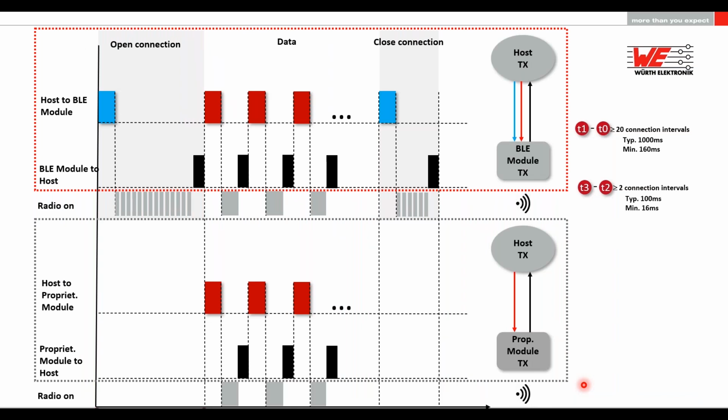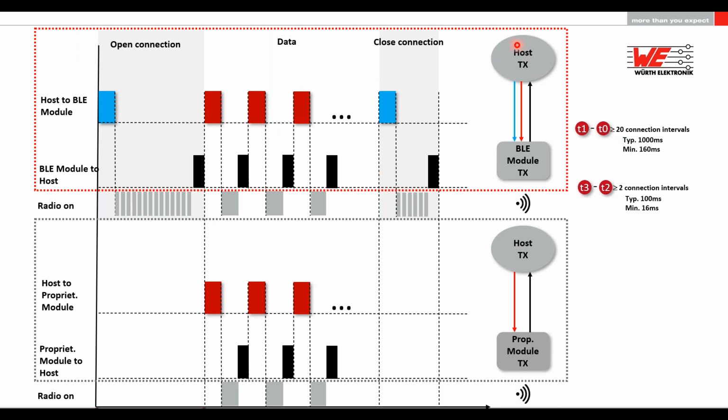I have put a couple of slides together to show you the most important differences when it comes to data transmission. Here you can see the data transmission sequence in case of Bluetooth Low Energy on the top here, and the similar data packets when you transmit over a proprietary radio protocol. The most important factor here is that you have to set up a connection before you can transmit any data and close the connection after transmitting the data.